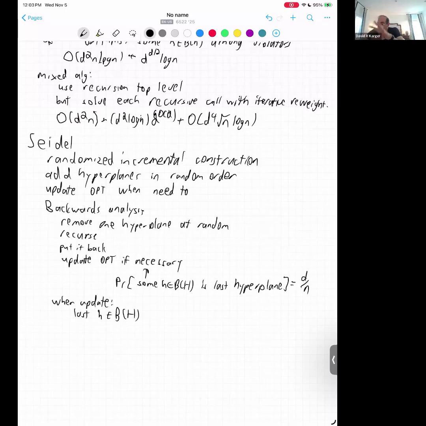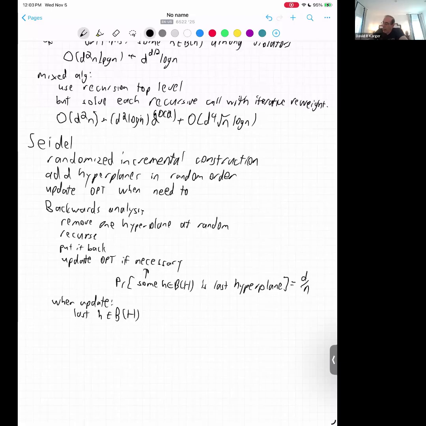The natural thing to say is, well, we just need to get rid of whichever was the wrong hyperplane in the current basis so that we can replace it with this last hyperplane, which belongs in the basis. And if that were true, then linear programming would be a lot easier. The problem is that we know this hyperplane belongs in the basis, but among the hyperplanes of the optimum we found among the n-1, there might be more than one of them that's not part of the optimum basis, right?